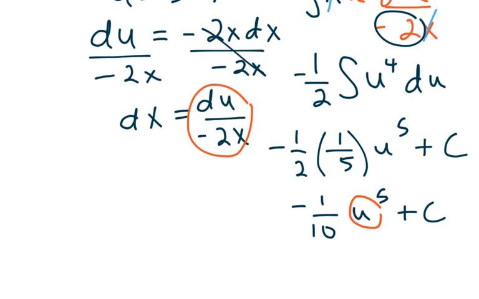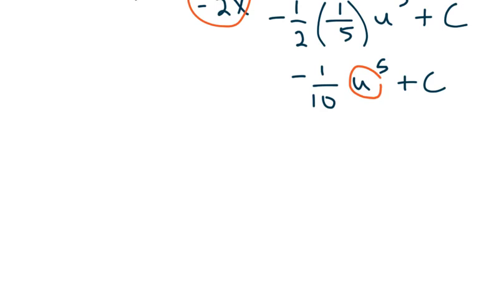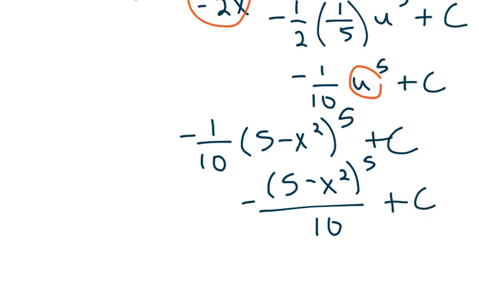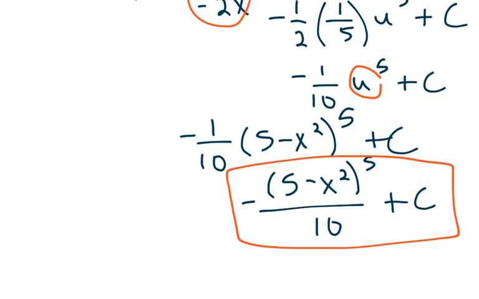So it's negative 1/10 times 5 minus x squared, to the 5th, plus c. If you want to combine that into one, I would just leave it as maybe one fraction. And there you go, that is our answer.